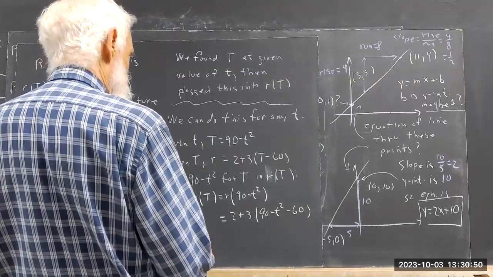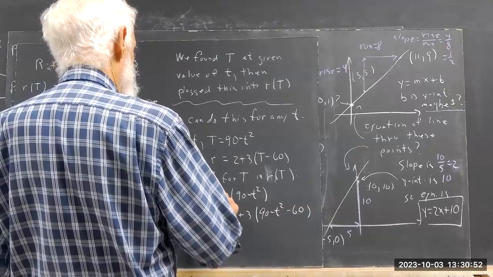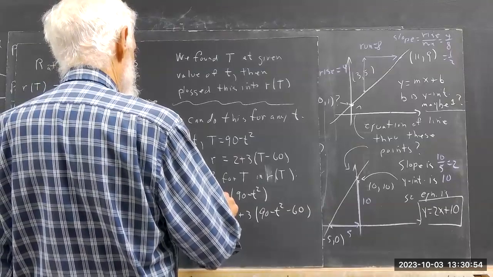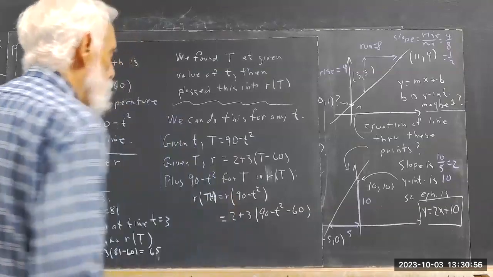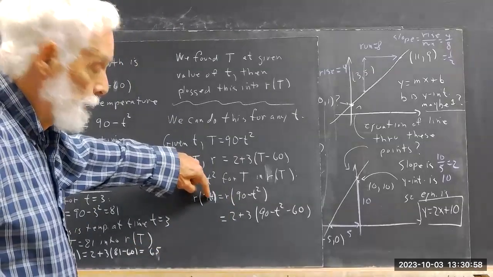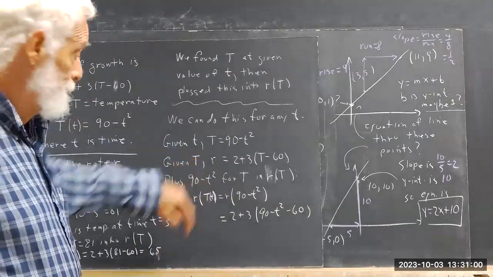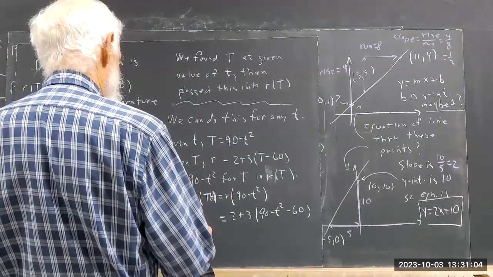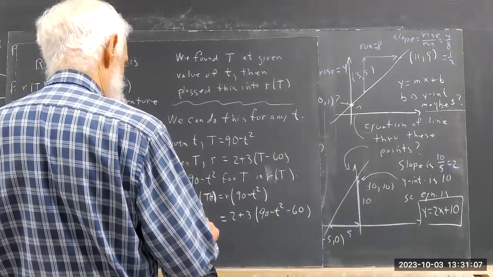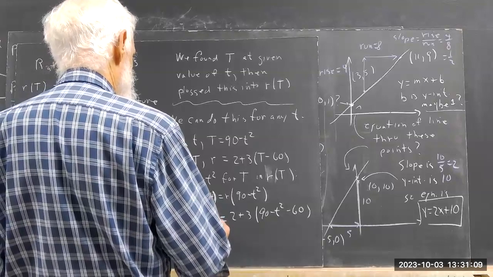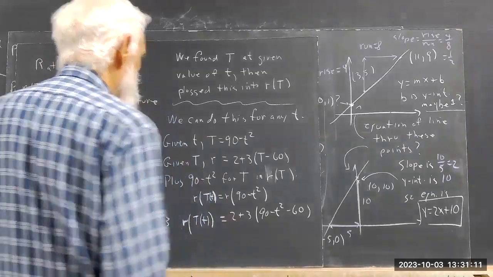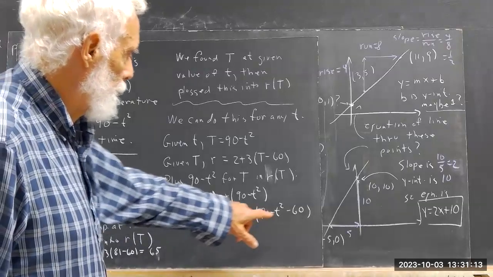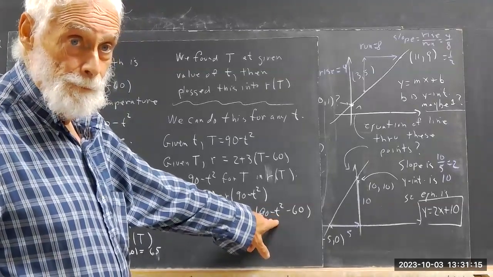To be a little more explicit about what we've done, we write this as R of big T of little t, which now is a function of little t.